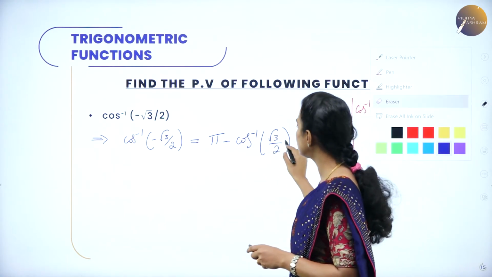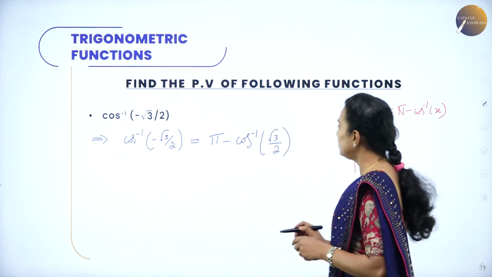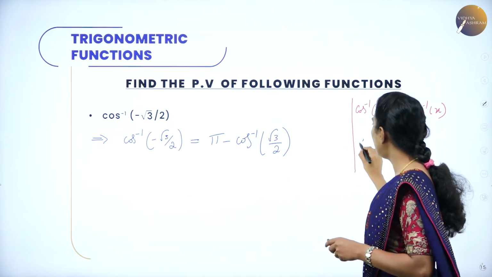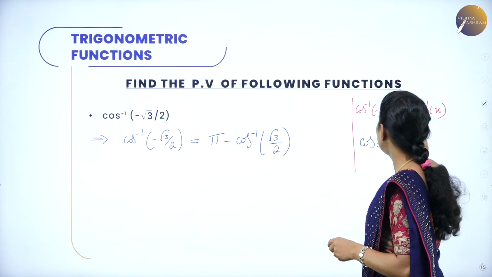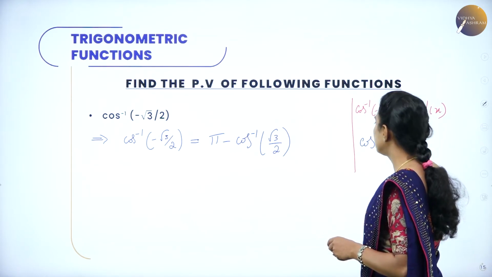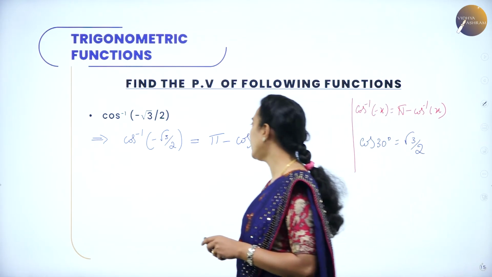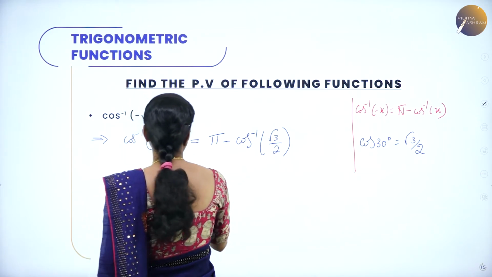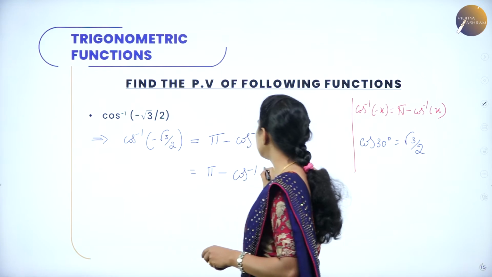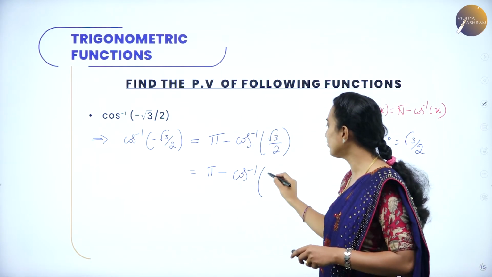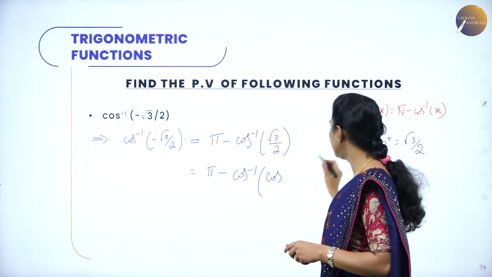Here, cos inverse of root 3 by 2. What is cos 30 degrees? Cos 30 degrees is nothing but root 3 by 2. Correct? So the same I am going to substitute here: pi minus cos inverse of root 3 by 2, in terms of cos, cos 30 degrees. Correct?